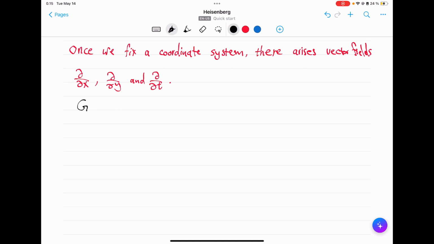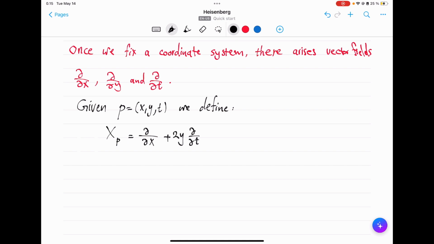So if we are given a point x, y, and t in our manifold, we define three vector fields as follows. The vector field X at P is given by partial x plus 2y partial t.